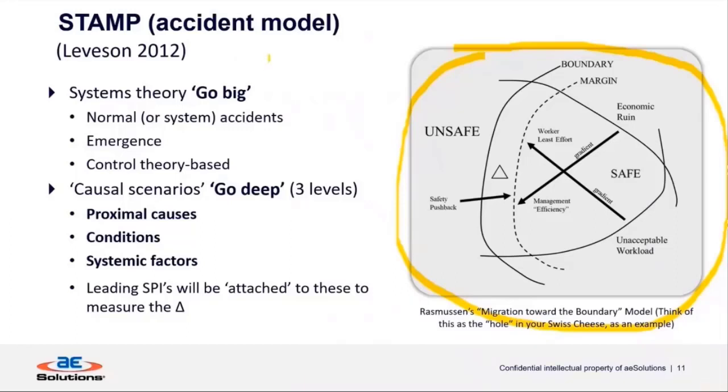But this is interesting because not only did it influence the STAMP model, but you can see here, as I write here, the hole in the Swiss cheese is kind of this right here. We have economic pressures. I was just talking about economic pressures. We have human pressures, and as these expand that boundary, as we expand the margin out toward the boundary between unsafe and safe, the holes in the Swiss cheese get bigger.